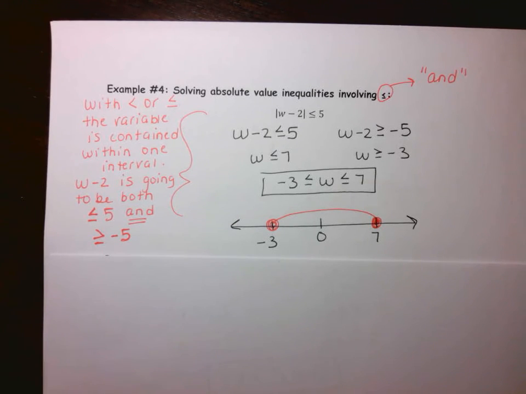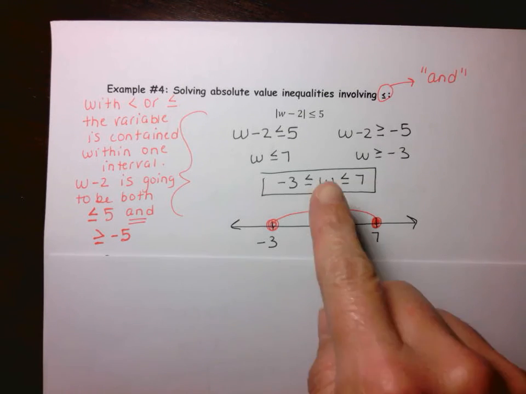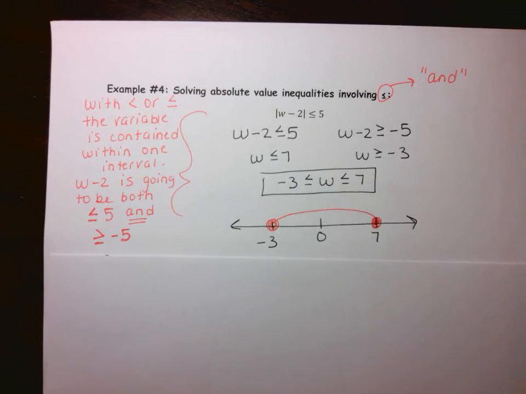It's deeper than I'm willing to go right now because I don't want to overwhelm you, but it explains that basically what this is saying is your answers are going to be plus or minus 5 from 2. But again, I'll let you look at the pre-AP material to better understand that if you feel ready for that.